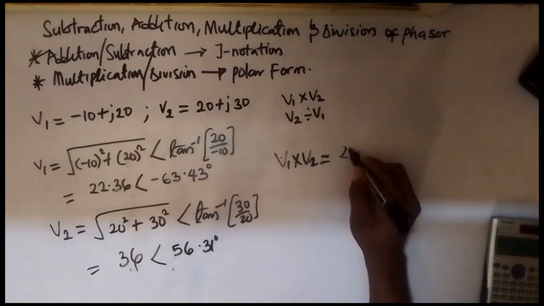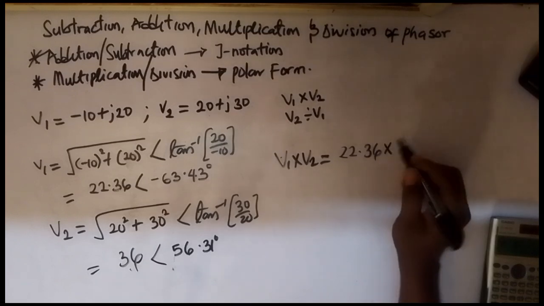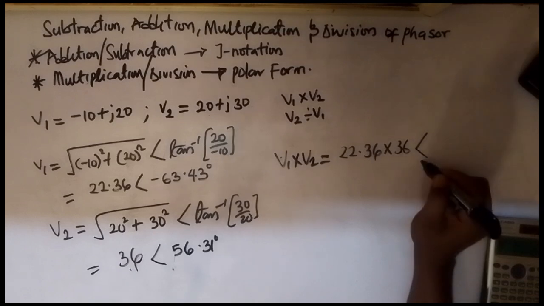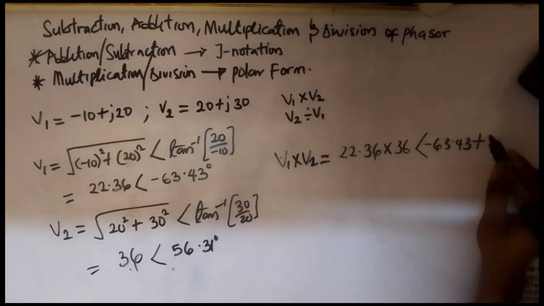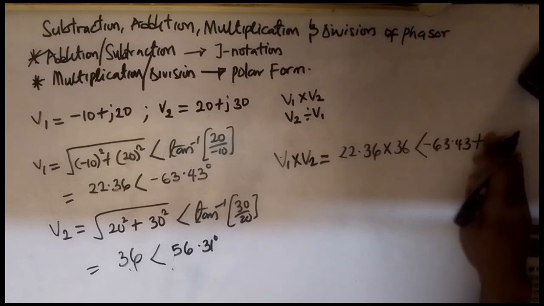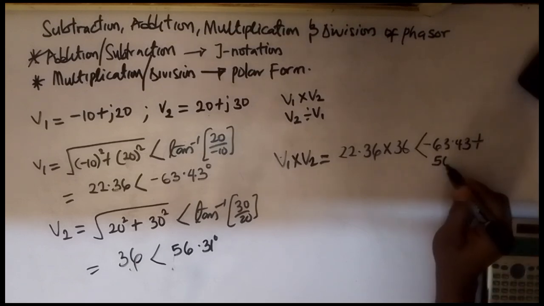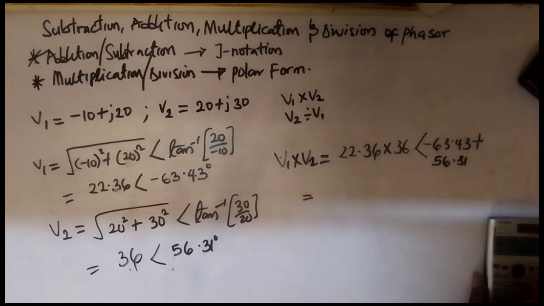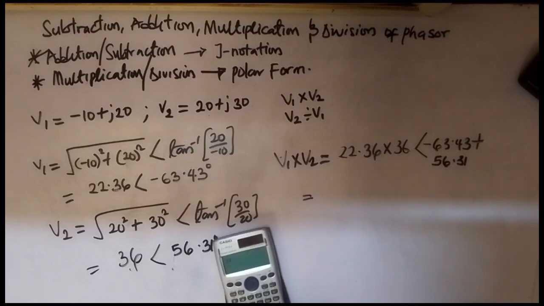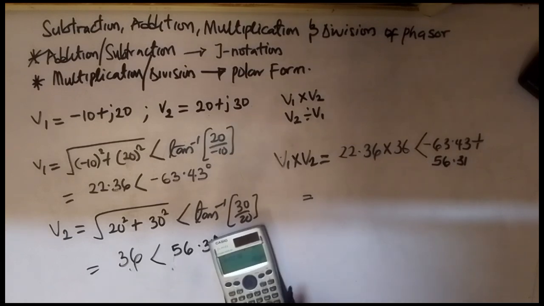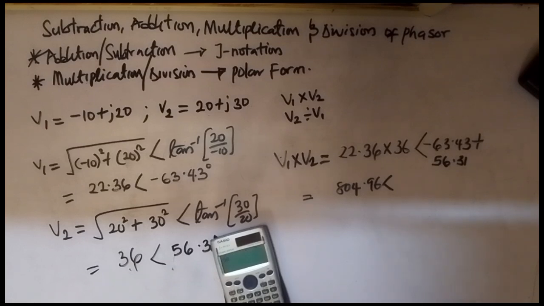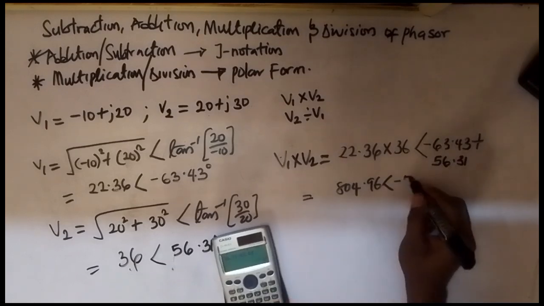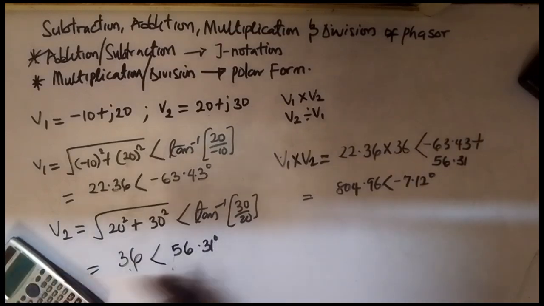What we have is 22.36 multiplied by 36 at an angle of minus 63.43 plus 56.31, which will give us 22.36 multiplied by 36 is 804.96 at an angle of minus 7.12 degrees. So it is this simple and straightforward.